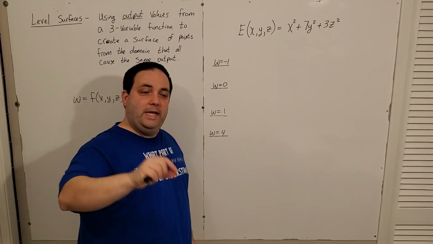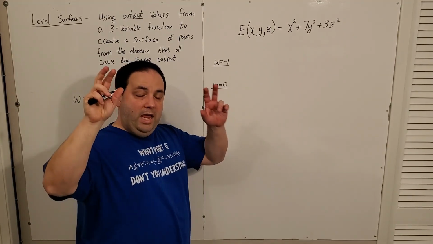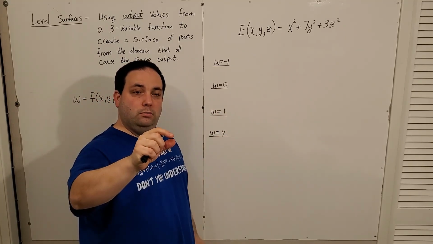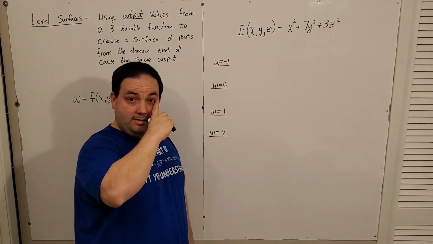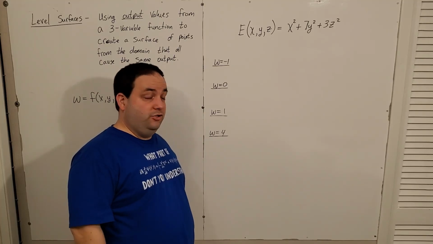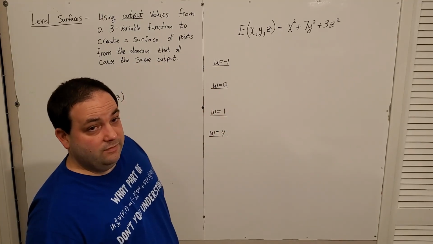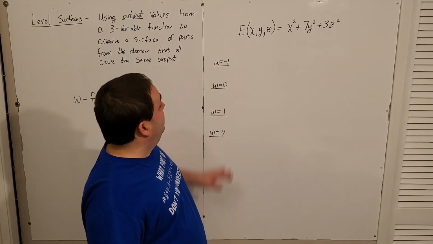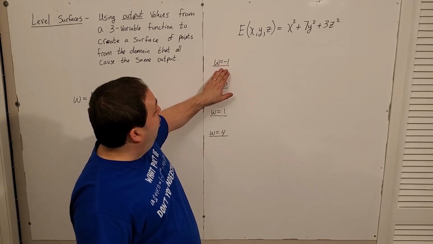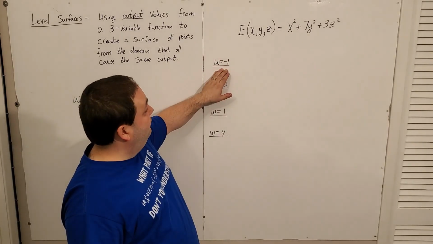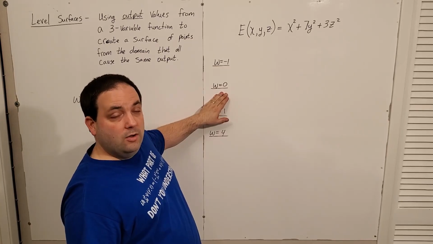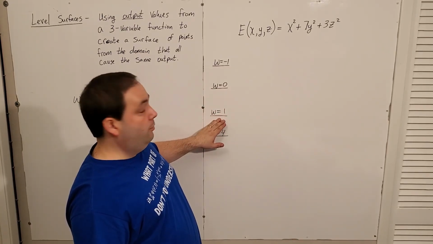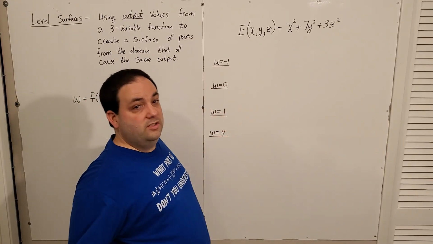Each point in space is assigned a level, a number, and that's what this function gives, okay? So then the questions might be, hey, where are all the points that are energy level -1? Where are all the points that are energy level 0? Where are all the points that are energy level 1? So on and so on.